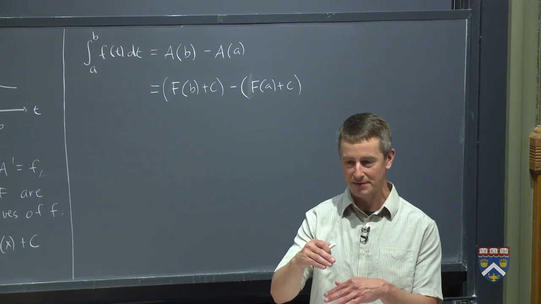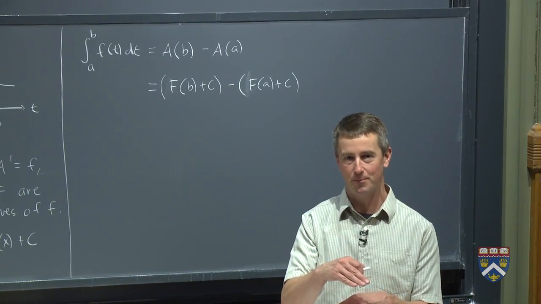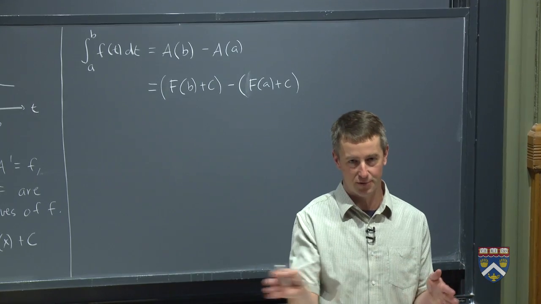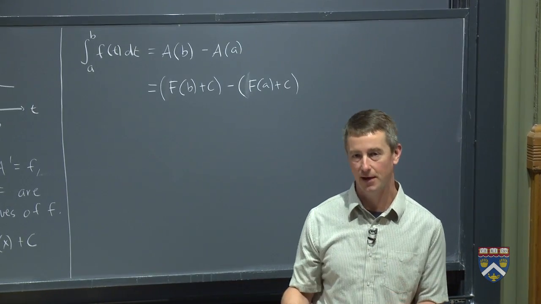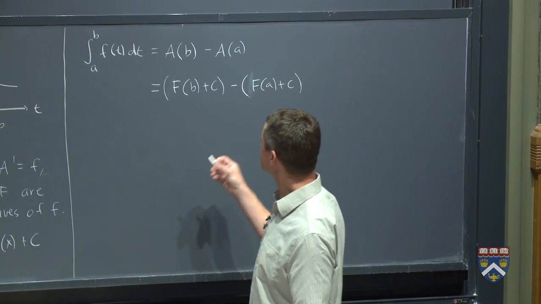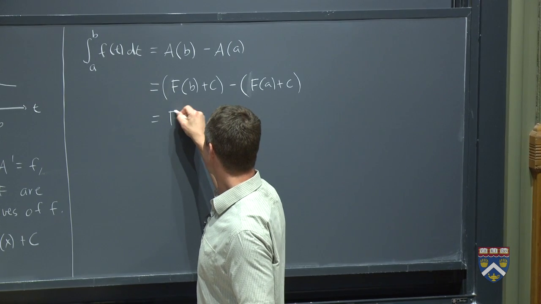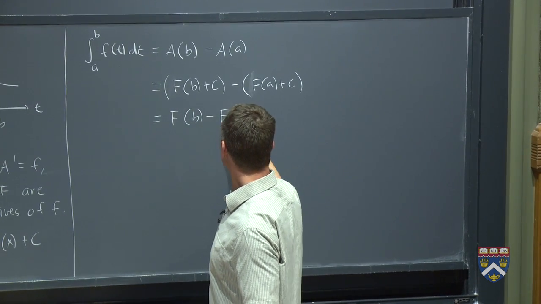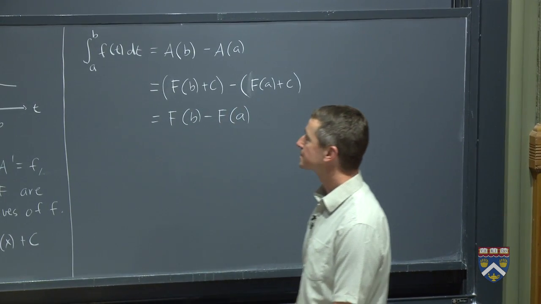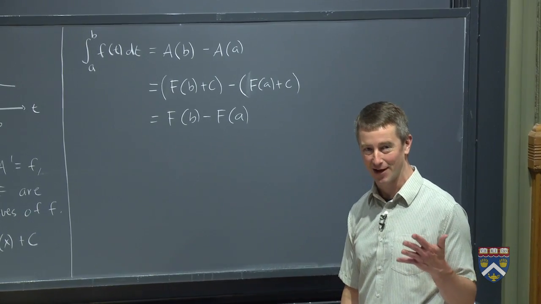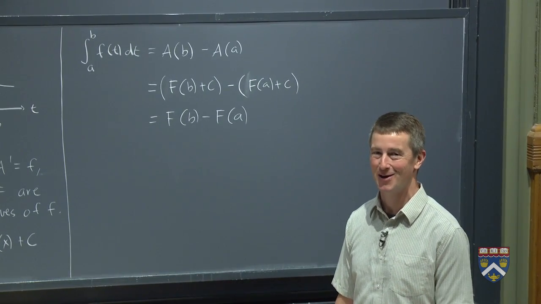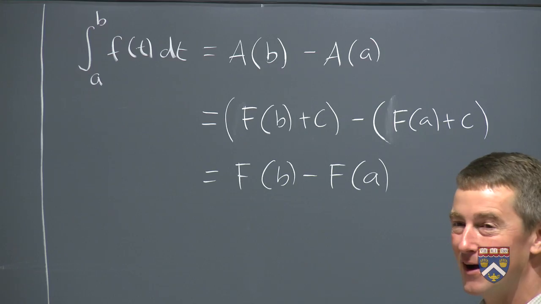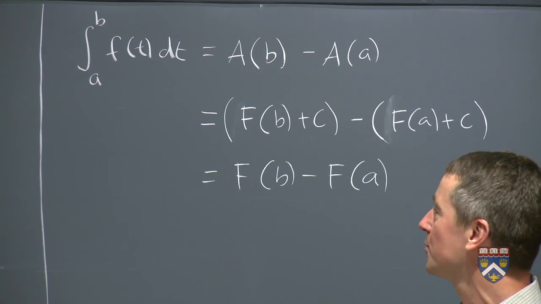If one graph is shifted up 3 units from another, it's shifted up 3 units everywhere, not just at some x values. So it's the same constant. So when we subtract, the constants cancel, and we get F of b minus F of a. And believe it or not, this is great for us. We'll see some examples in a second to show how great it is, because big F is the function that we know. That's the one whose formula we know.